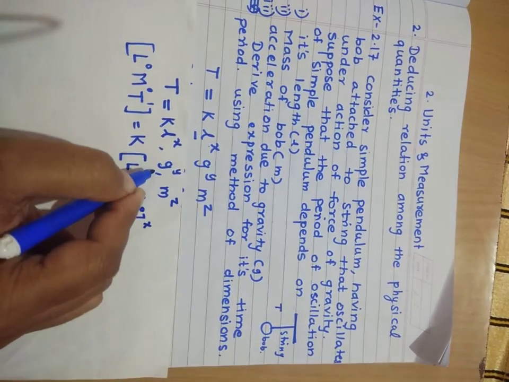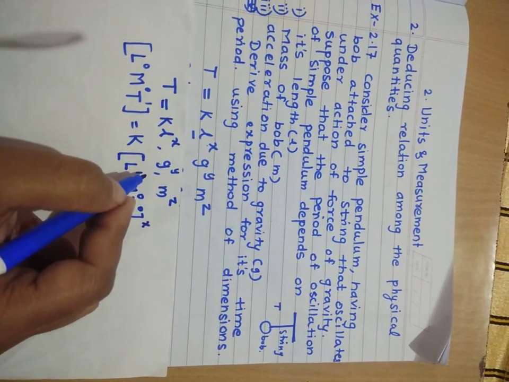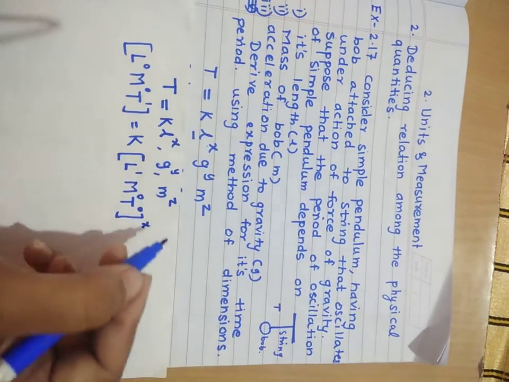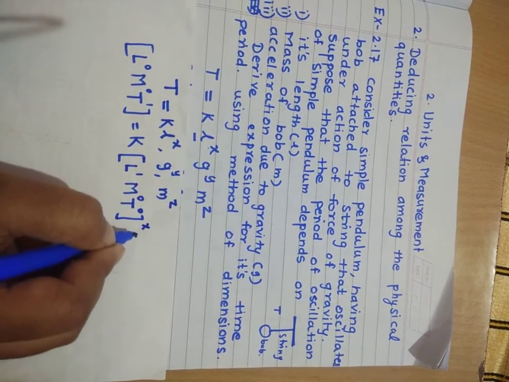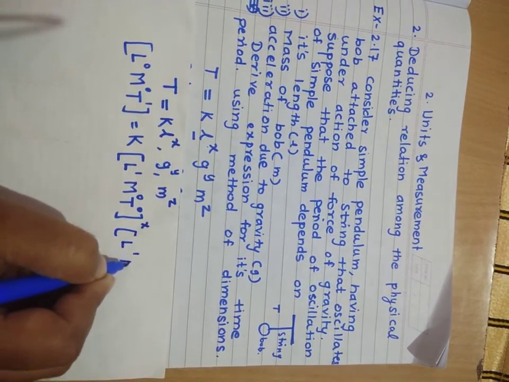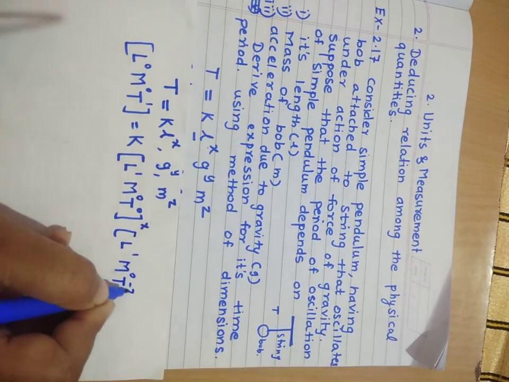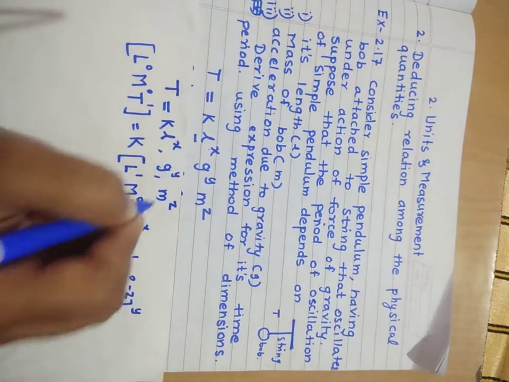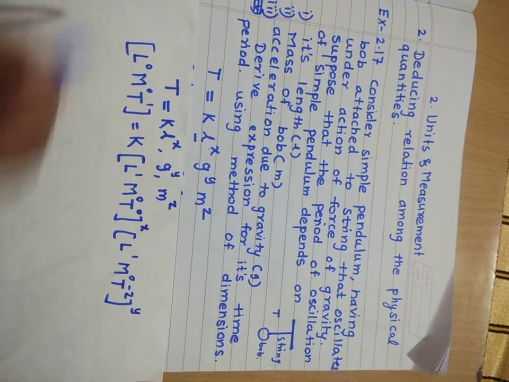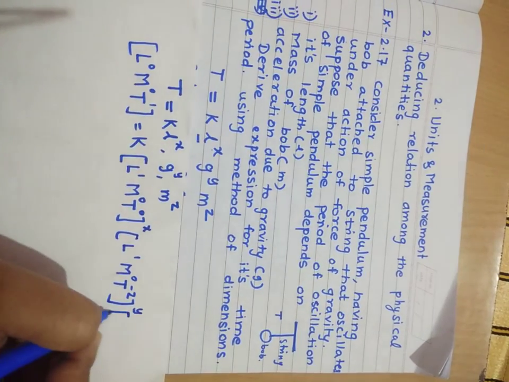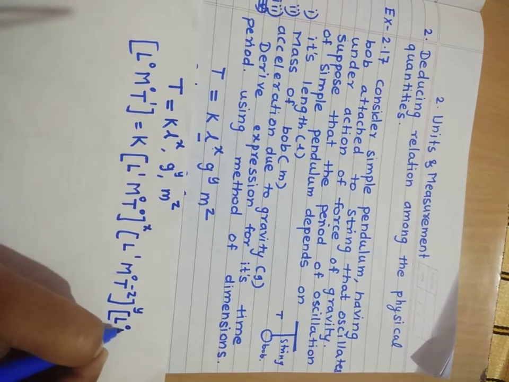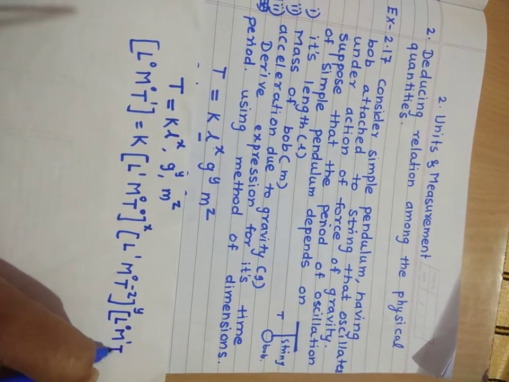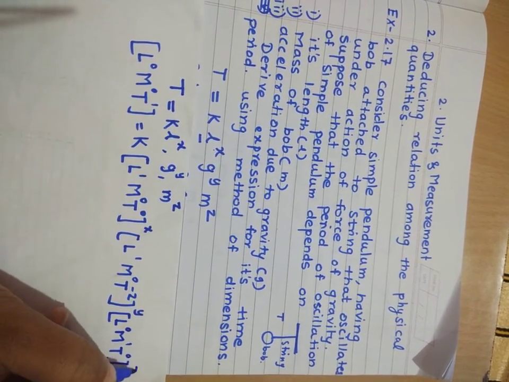Same like that for g we are writing the dimensions of acceleration, which you know already: L raised to 1, M raised to 0, T raised to minus 2, raised to what here? y. And for m, which stands for mass, you also know the dimensions: L raised to 0, M raised to 1, T raised to 0, raised to z.